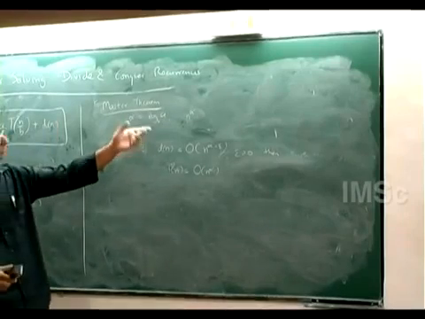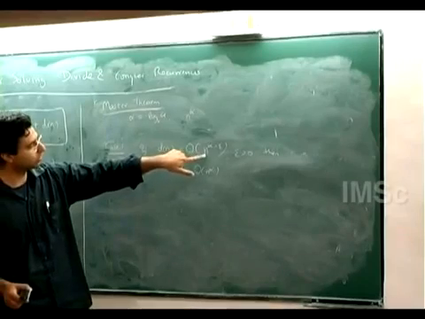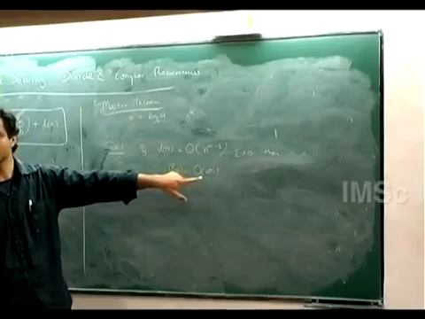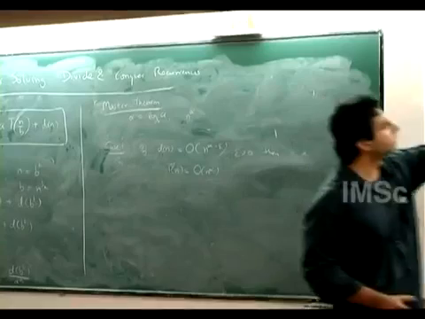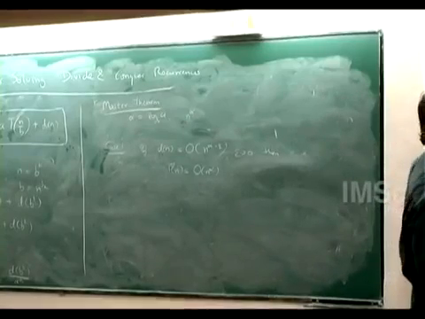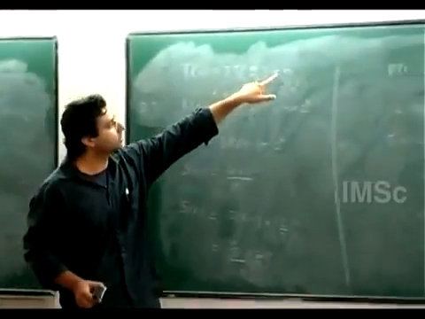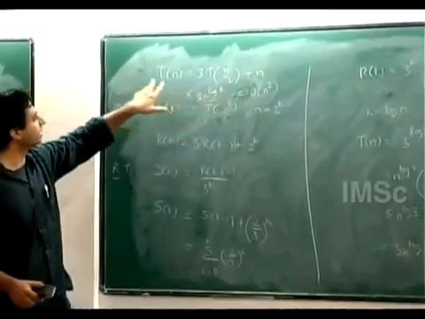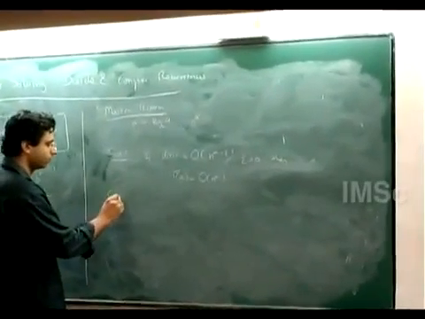So the first case is when the driving function is polynomially smaller than the watershed function; then T is order of n raised to alpha, which is the case here. The driving function is n and the watershed function is n raised to log 3, which is polynomially greater than n. So T of n is dominated by the watershed function.